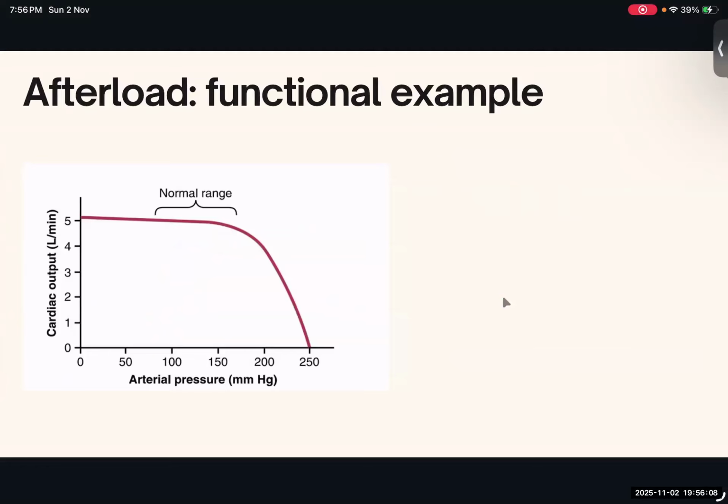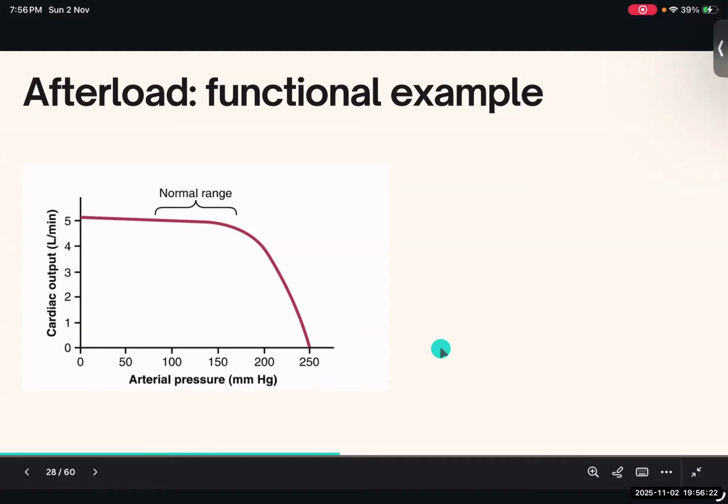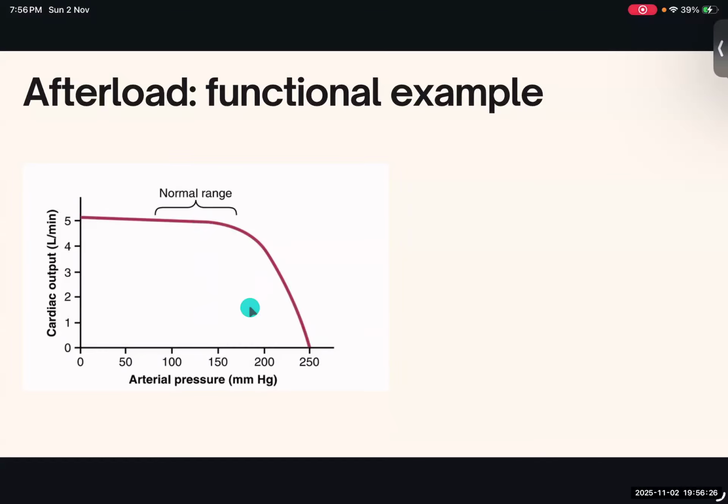Now let's talk about afterload. So like we mentioned, one of the things that is going to increase afterload and make it harder for the heart to push blood out of it is going to be the arterial pressure or the systolic blood pressure. So the heart, up to a certain point, can maintain good cardiac output even when the arterial pressure is high.